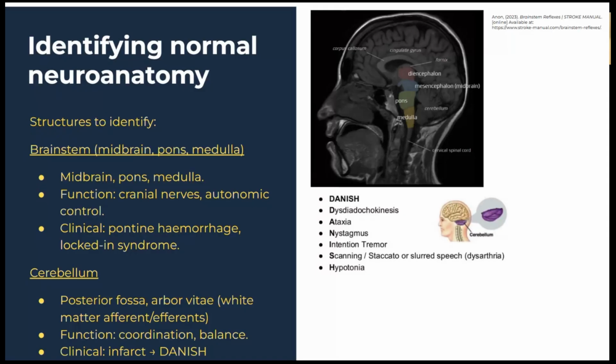You've got the white matter afferents and efferents, and if you have damage there, it can cause the DANISH symptoms, as some people refer to it: dysdiadochokinesia, ataxia, nystagmus, intention tremor, scanning dysarthria, and hypotonia. And then just the scan there that shows them.